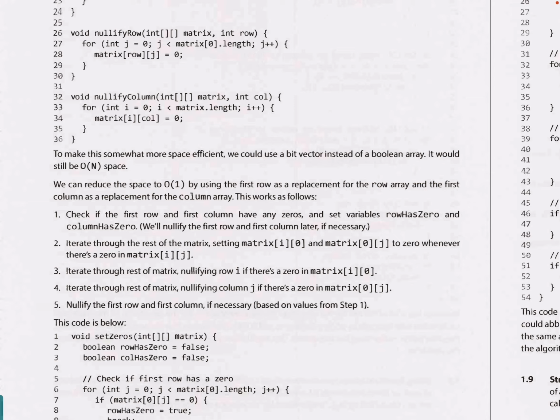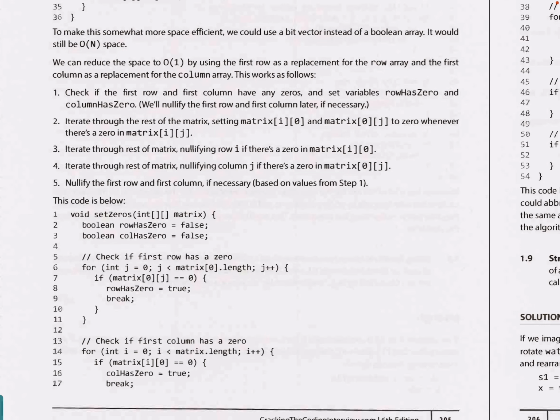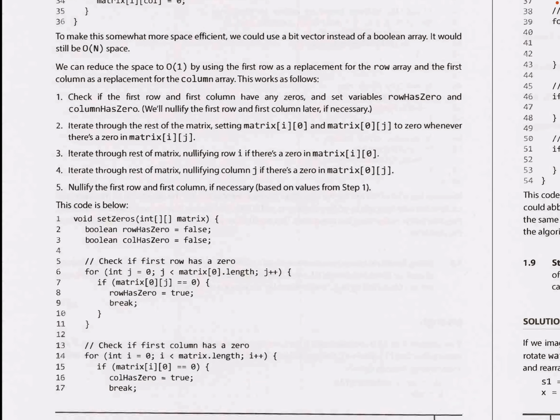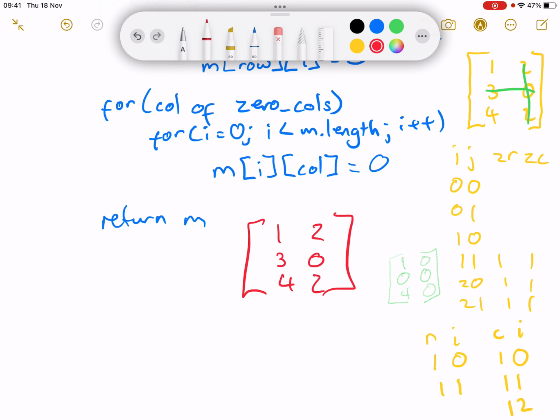So we check the first row and iterate through the array, setting I0 to 0 whenever there's a 0. Right, so you check if there's a 0. So row 0 is false, and column 0 is false, right?